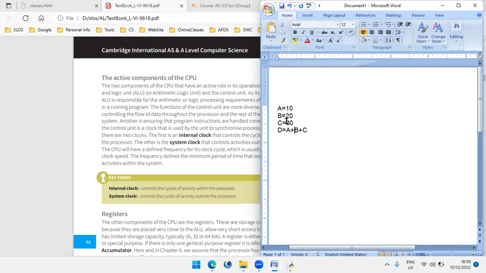So for this instruction, as we will learn later, there are so many operations going on. This is a simple statement like in English. Give a value of 10 to A. But as you know, it is to be translated into machine code, right? Machine code, you have to translate.